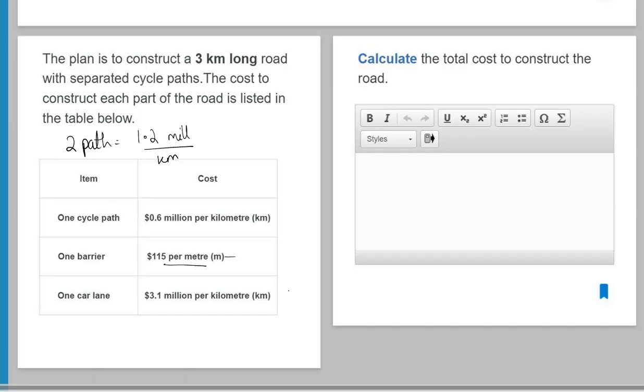One barrier is 115 per meter. Now we have to convert this meter into kilometer, right? So how do we do it? 115.